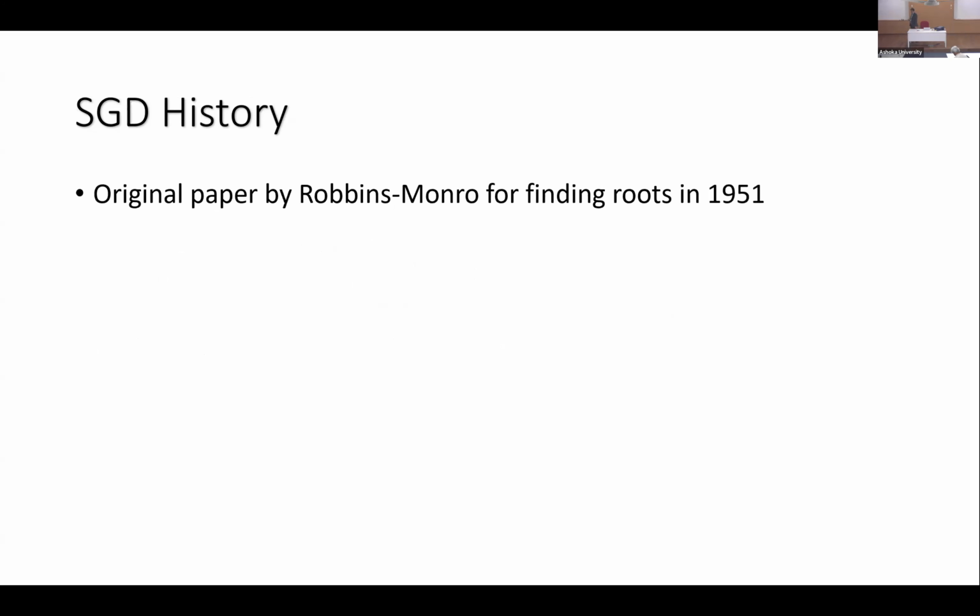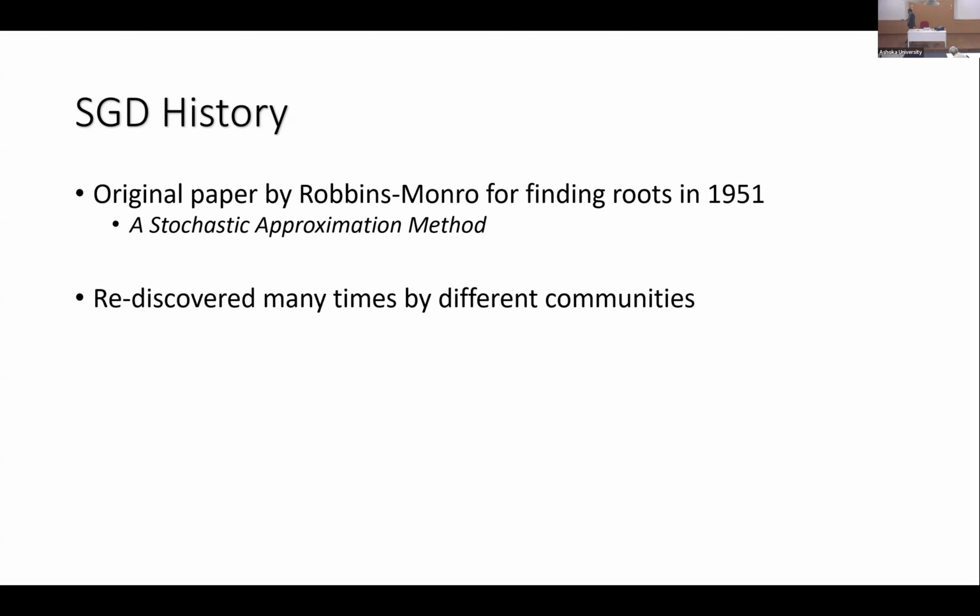Right? Just some history: this is not a new algorithm by any means, it is known since many years. It is said to originate from the Robbins-Monro paper in 1951. The paper was called the stochastic approximation method. But interestingly, it was rediscovered many times by different communities and was known under different names in different places.